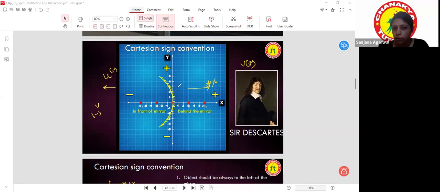Moving towards positive y, if the image is erect, then the height of the image will be taken positive. If it is inverted, we have to move down, then the height of the image will be negative. Every distance is measured from the pole, like in a Cartesian plane we measure distance from the origin.